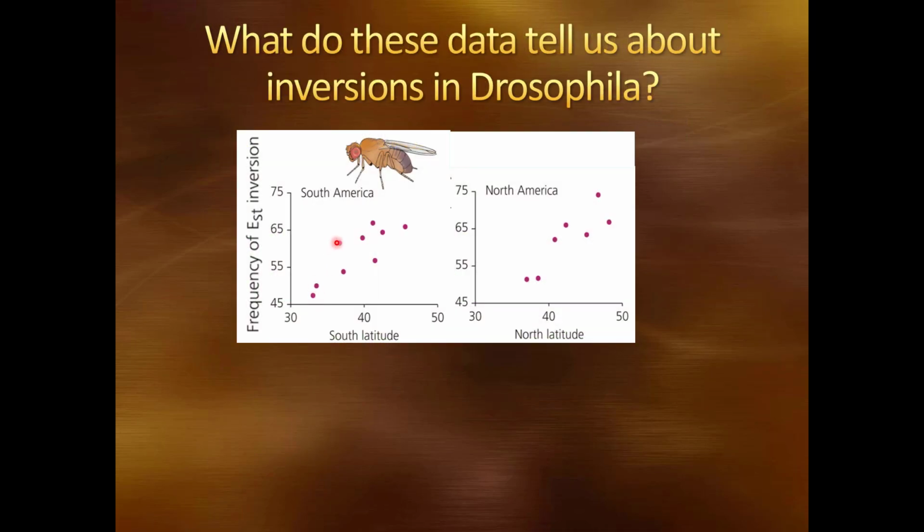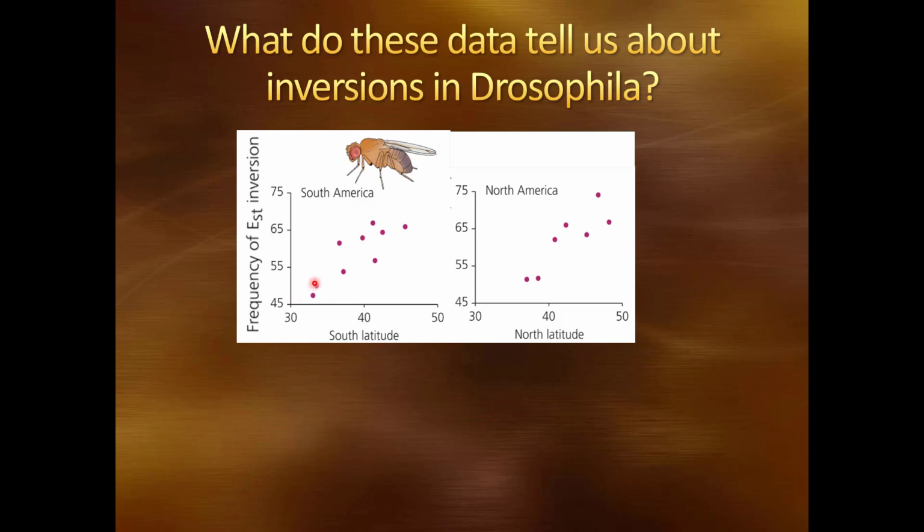Each one of these data points is from a population asking the question, in that population, what is the frequency of the inversion? And so if the frequency of the inversion was 0, then none of them have the inversion, right? And if the frequency of the inversion was at 100, then all of them would have the inversion. In this particular case, we do have individuals that have it and individuals that don't. So there's polymorphism there.